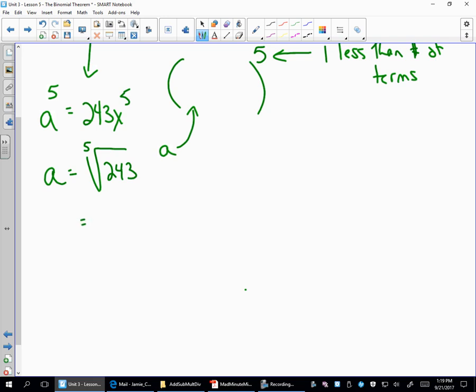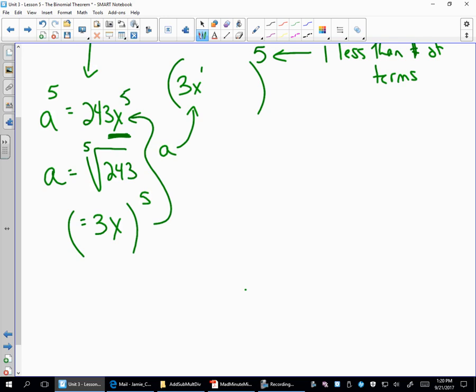If I do that on my calculator, I end up with 3. So I know the number is 3. I also know there has to be an x in here, because there has to be something in order to get this x to the 5. Well, the only way that can happen is if it's an x to the 1, because 3x to the power of 5 comes out to that.